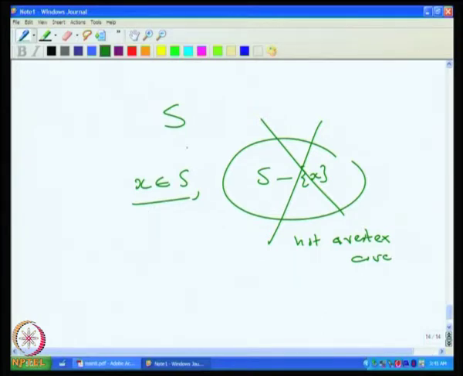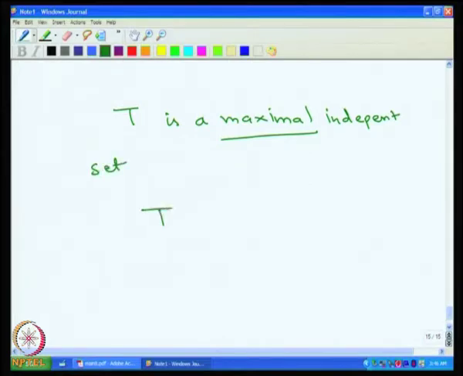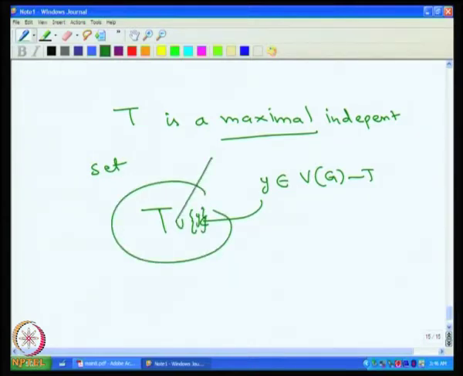So, that is the minimality of S, that is a minimal vertex cover. Similarly, we talked of a maximal independent set in the last class. Suppose T is a maximal independent set. What was the property? Then you take any y element of V of G minus T, an outside vertex, and try adding it to T. Then T union y is not an independent set.